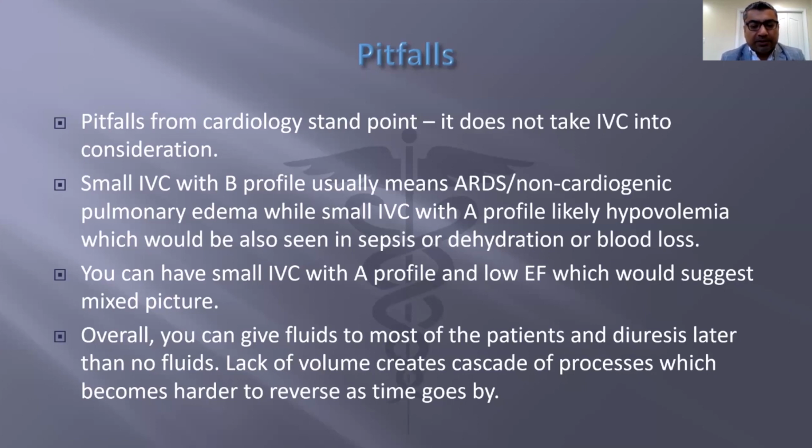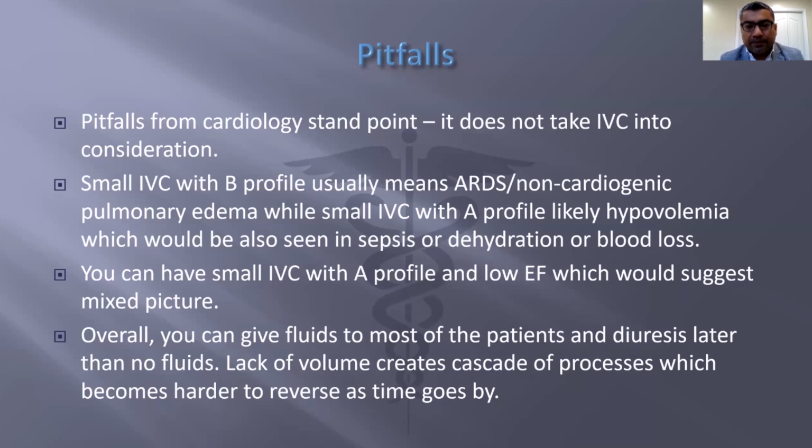Overall, in our practice, what we say is, if you can give fluids, and you can give fluids in most of the patients if IVC is small, and diurese them later. The reason for that is lack of volume creates a cascade of processes, which becomes harder to reverse as time goes by.